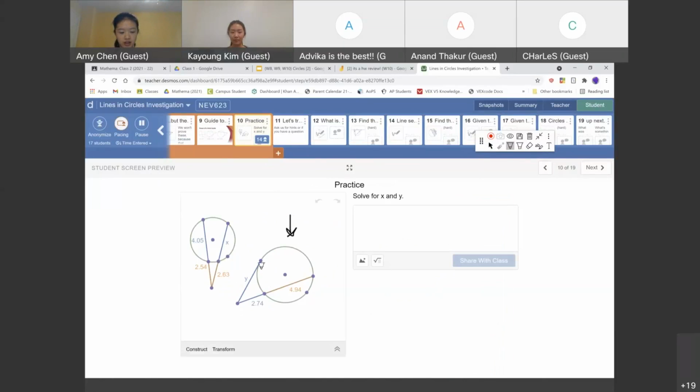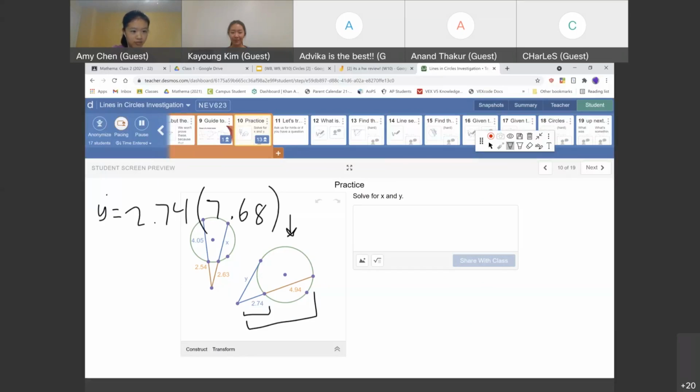In this case, a would be y. So y squared equals 2.74 times 7.68.